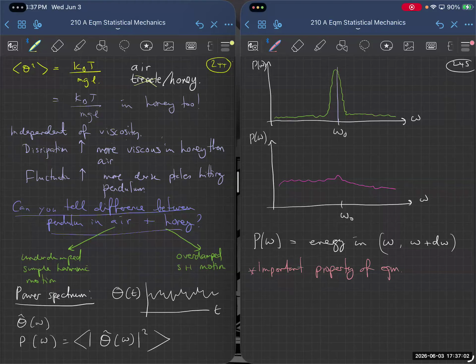But most importantly, now for the first time we are discussing time itself. In other words, we're now starting to get infinitesimally away from thermal equilibrium.